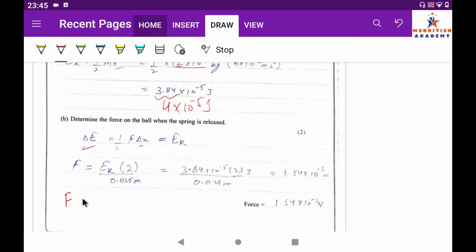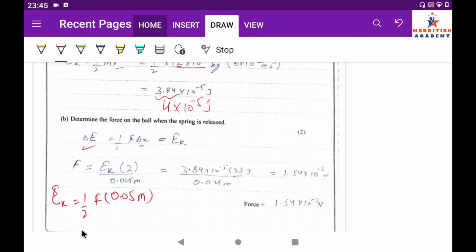Kinetic energy is equal to half times force into the change in displacement, that is 5 centimeter, and that is 0.05 meters.